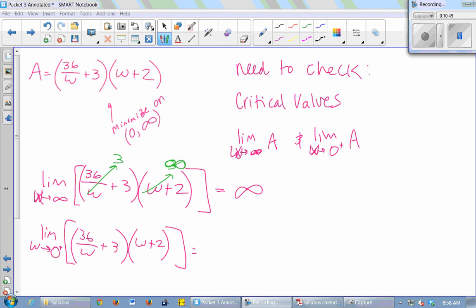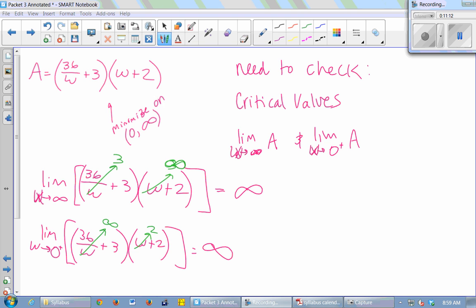Goes to infinity, and it's going to be positive because I'm approaching 0 from the right. So this is infinity plus 3, so this whole thing is going to go to infinity. What's going to happen to W plus 2 as W goes to 0? It's going to go to 2. So I have infinity times 2, which is infinity.